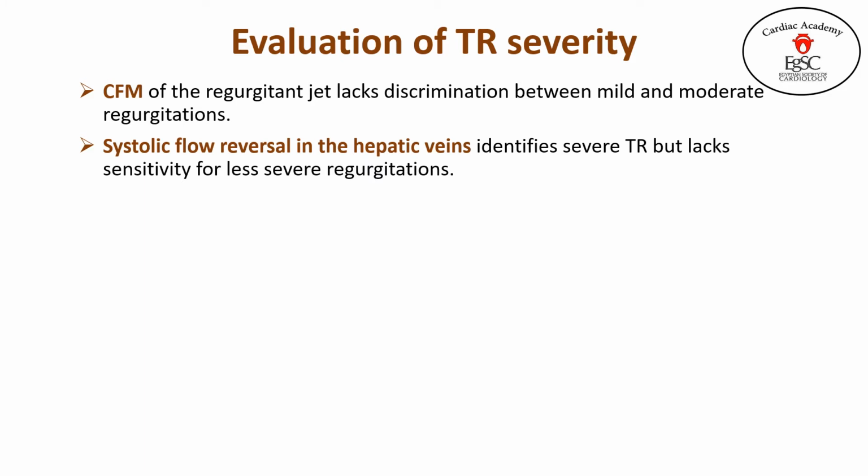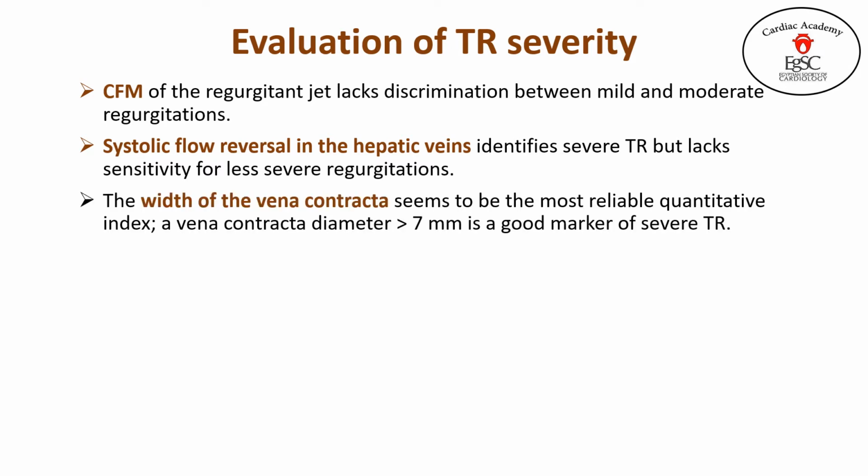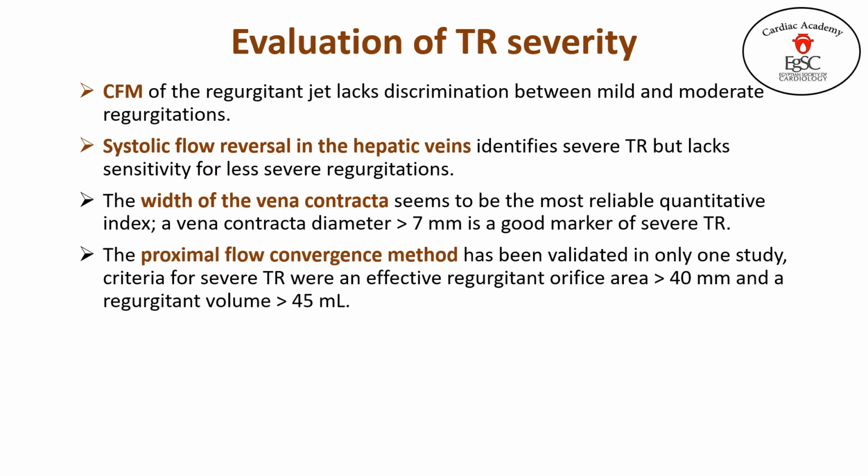The systolic flow reversal in the hepatic veins identifies severe tricuspid regurgitation, but also lacks sensitivity for less severe regurgitations. The width of the vena contracta seems to be the most reliable quantitative index. Vena contracta diameter of more than 7 mm is a good marker of severe tricuspid regurgitation.